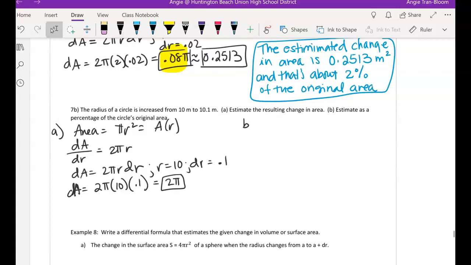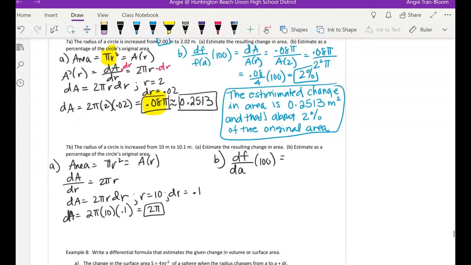Part B. Let's figure out what percentage that is in comparison to its original area. So we are going to do dA over A based on your formula, times 100. I don't have dF though, I do have dA, over A of r.